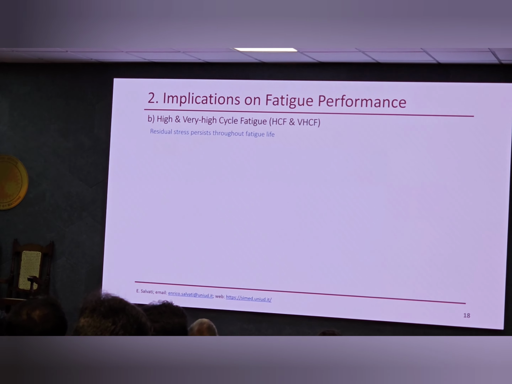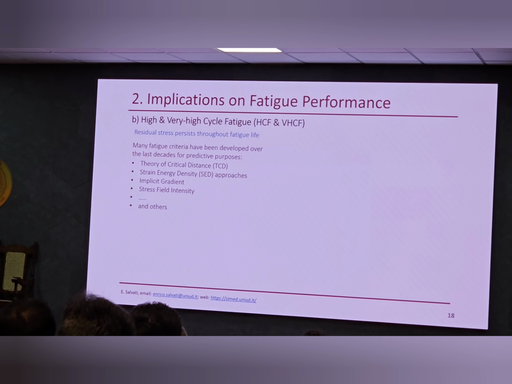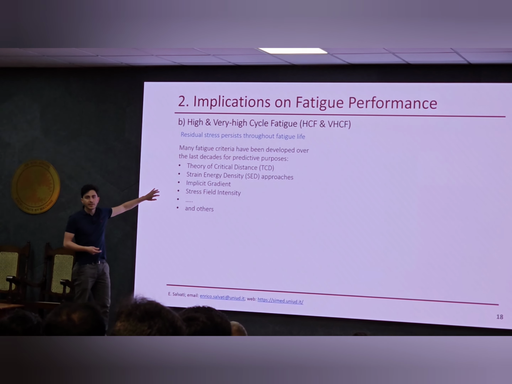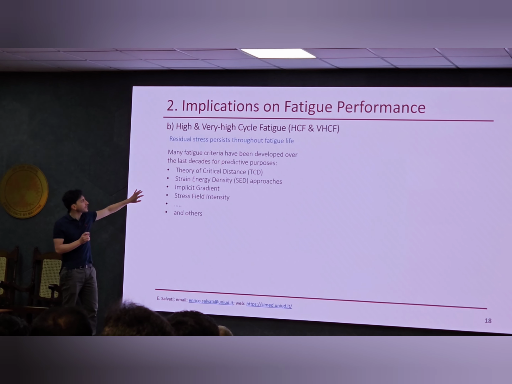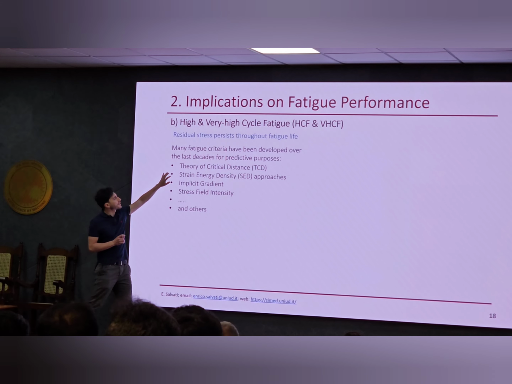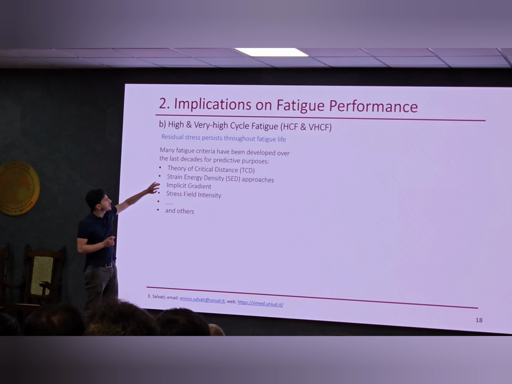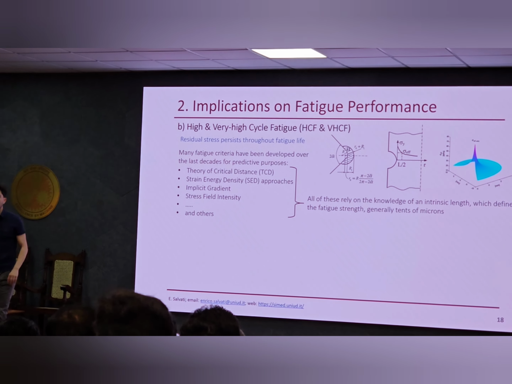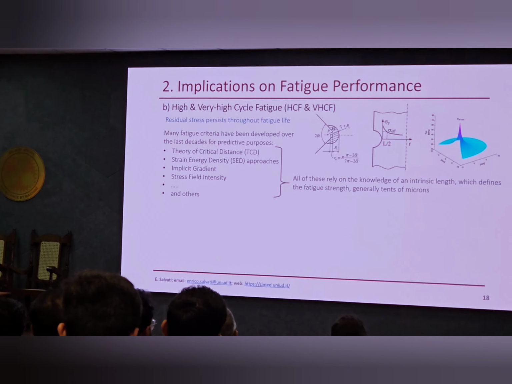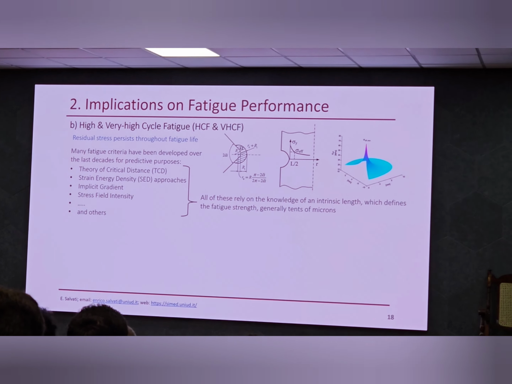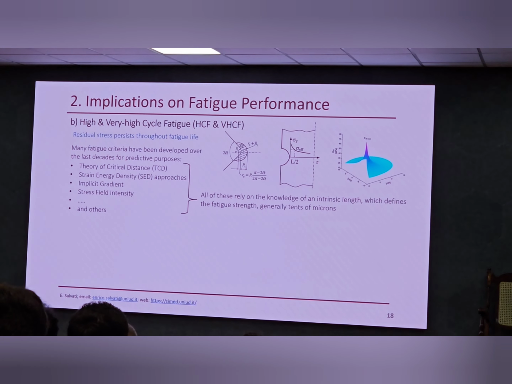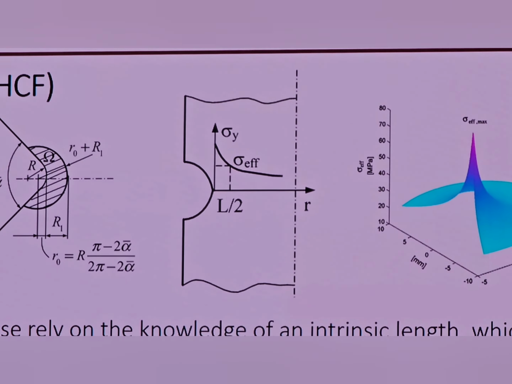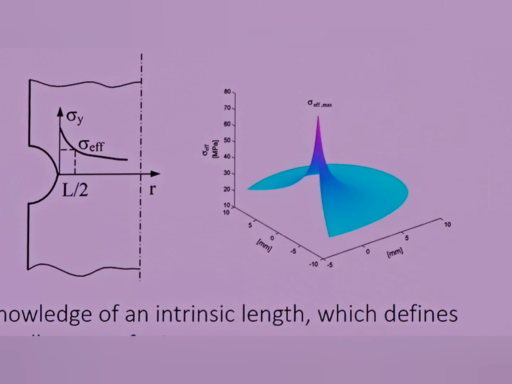What about high cycle fatigue? You might know that there are several methods to assess fatigue in high cycle and very high cycle fatigue: theory of critical distance, strain energy, implicit gradient, strain field, many others. All of them rely on the knowledge of a specific characteristic length. For example, if we have a notch, we do our stress analysis, we have the gradient of stress around the notch.